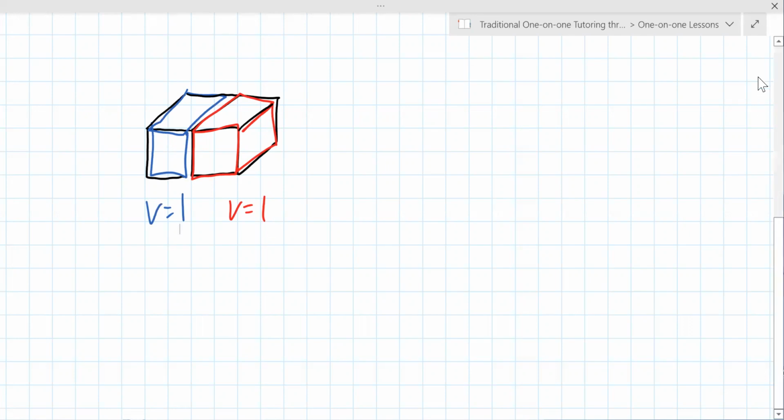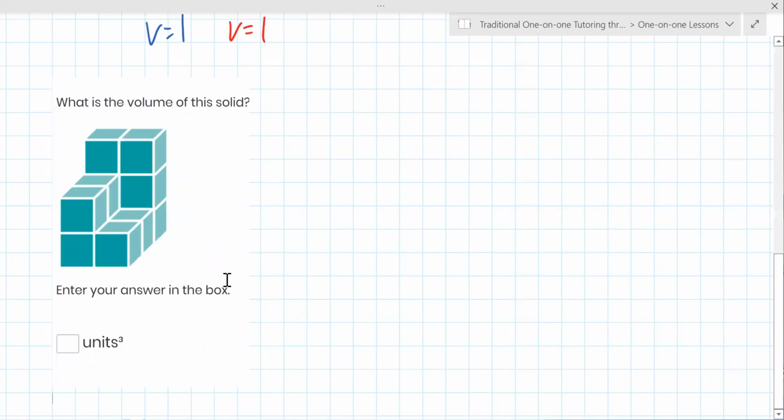All right, so now let me snip in a picture, and really you're just counting. Grab this one here. So let me snip this in. How many cubes do you see?